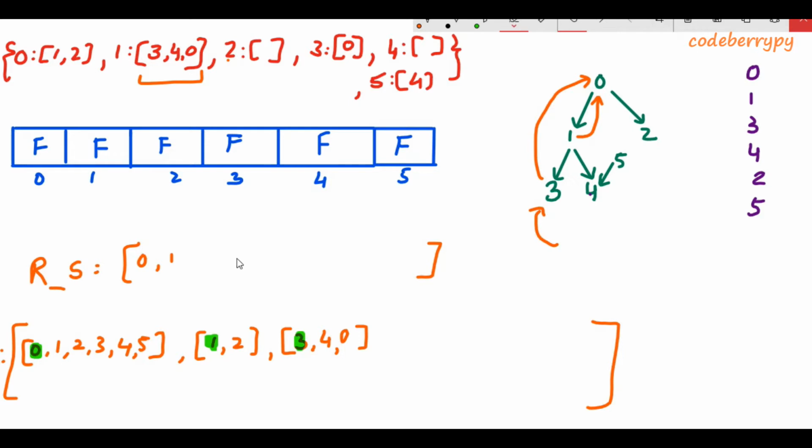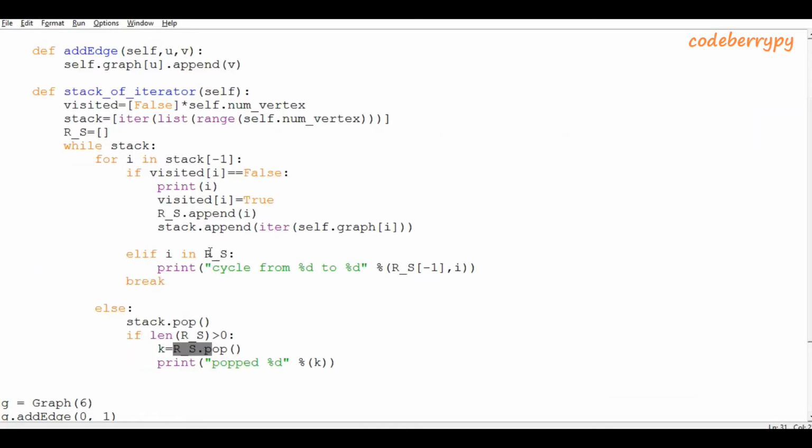So 3 gets popped from the recursion stack, and the while loop again continues. Since the while loop continues, it checks while stack, yes, the stack has some objects. So this for loop again runs, and it picks up from the end of the stack. So it picks up the iterable list object having elements 3, 4, 0.